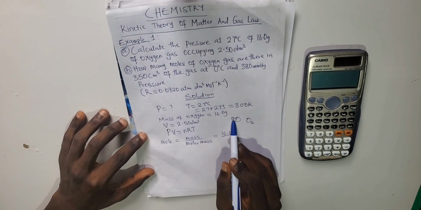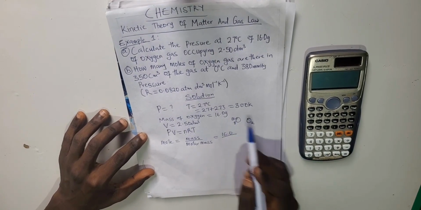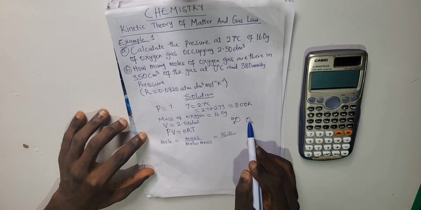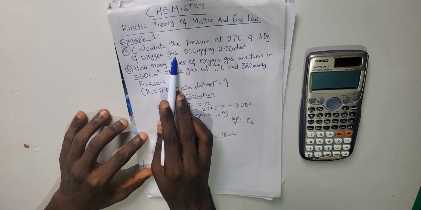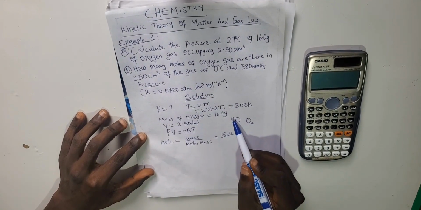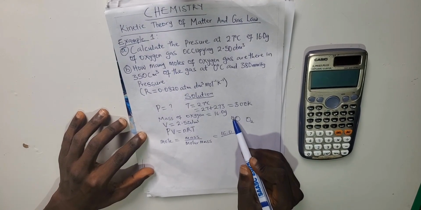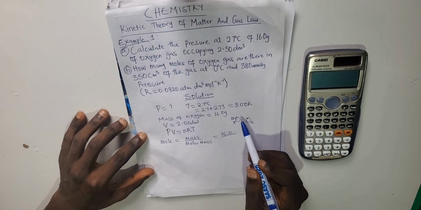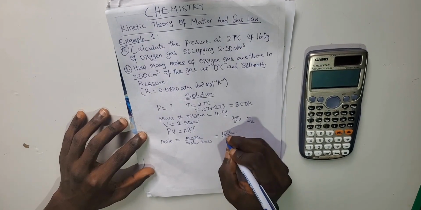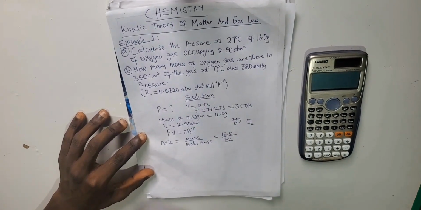It will be times 2 of this. Because it is oxygen gas from the question, the two oxygen atoms will have a mass number of 16 times 2, that is 32, but the atomic number remains the same. So our mass number is 32, which is also the same thing as molar mass.